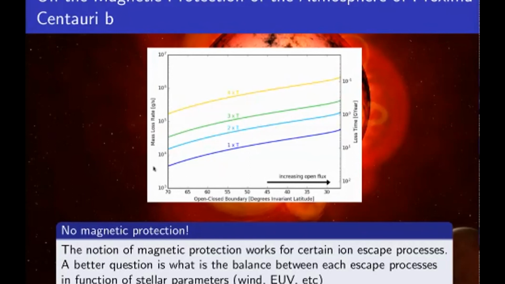So that's something quite surprising and basically not very positive when we want to look at atmospheres around M dwarfs.